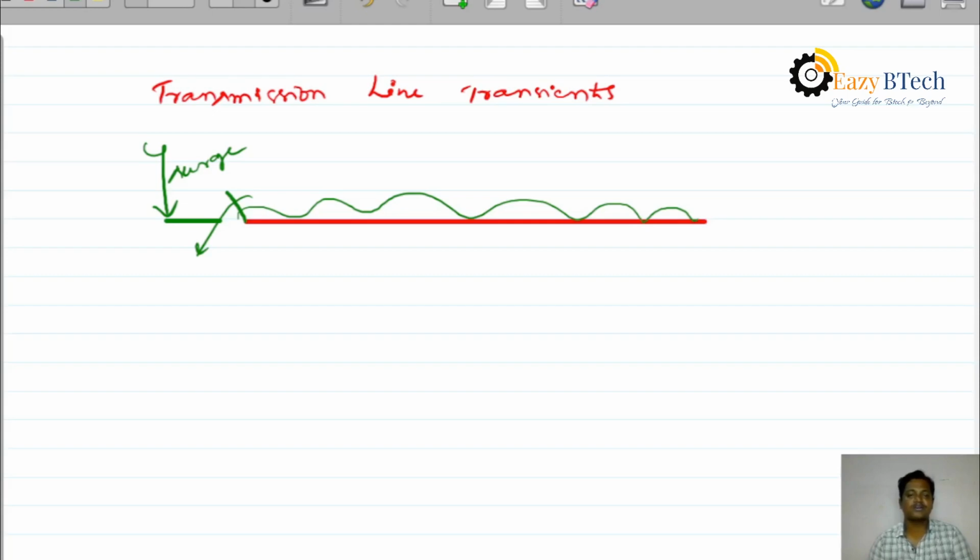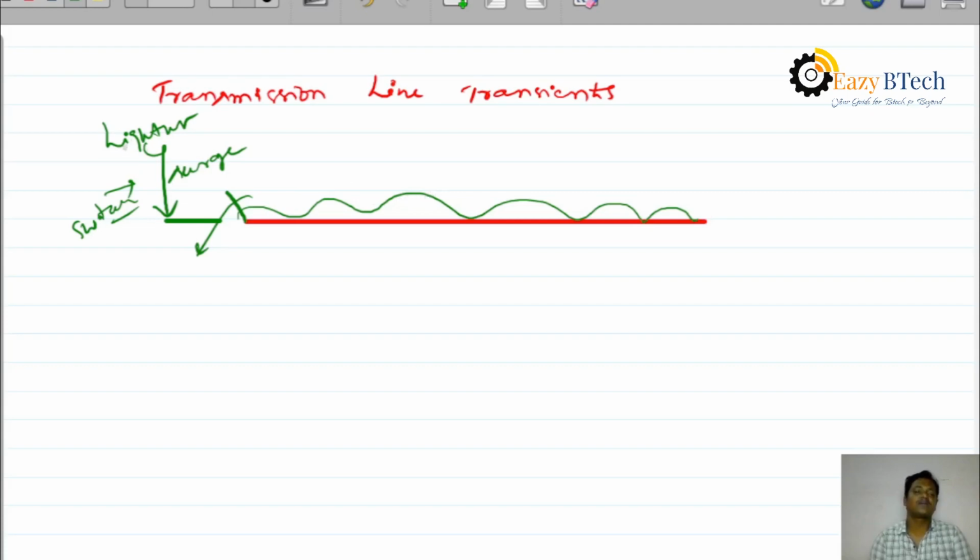What is meant by surge? Surge usually occurs in a transmission line due to lightning strokes and switching functions. If you suddenly connect or disconnect generating stations or loads, the switching effect automatically causes a surge in the transmission line.